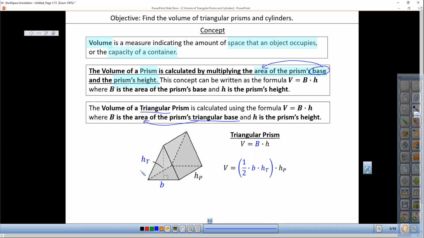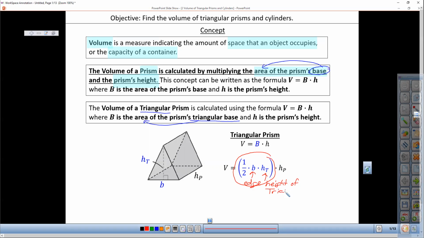So we will need to, of course, use the area formula for a triangle, which you may or may not remember at this point. So here is our area of a triangle. We take 1/2 times the base edge of the triangle times the height of the triangle, not the height of the prism.